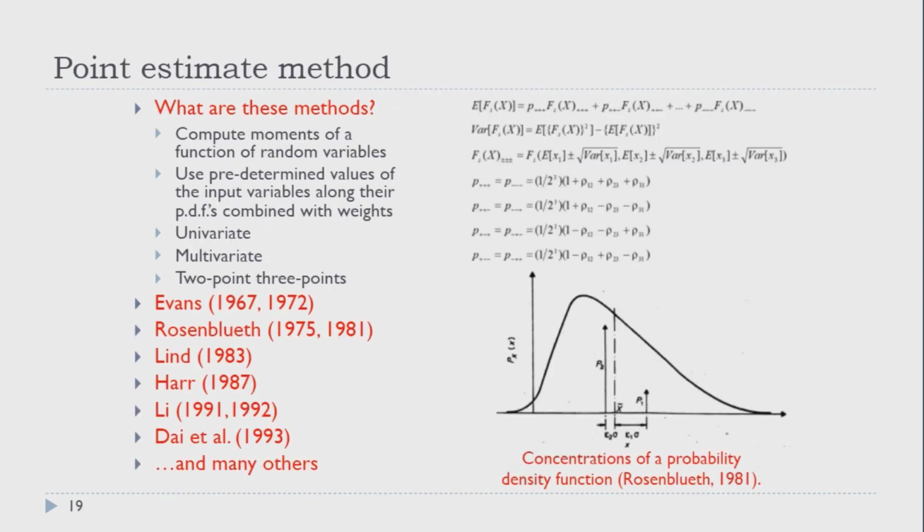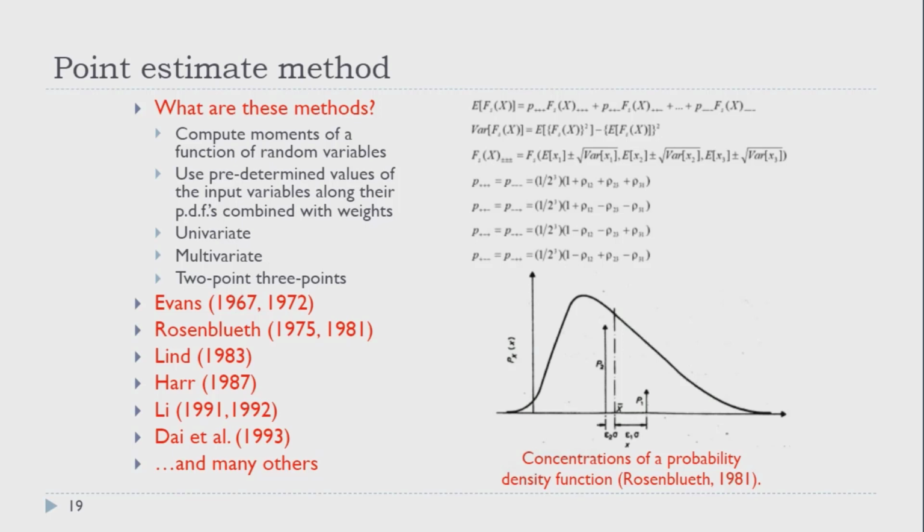The final type of method that is widely known is the point estimate method. And this is actually a large family of methods. These are some of the main methods. It started mainly with Rosenbluth. This is the main referred method here.